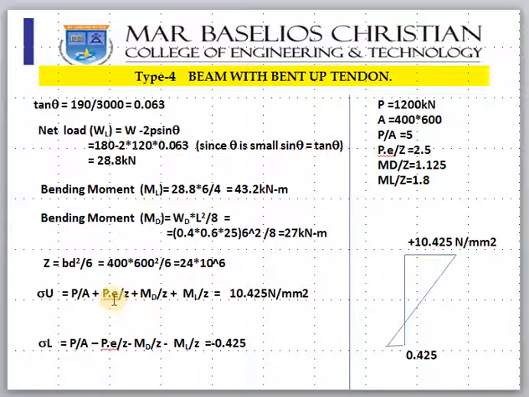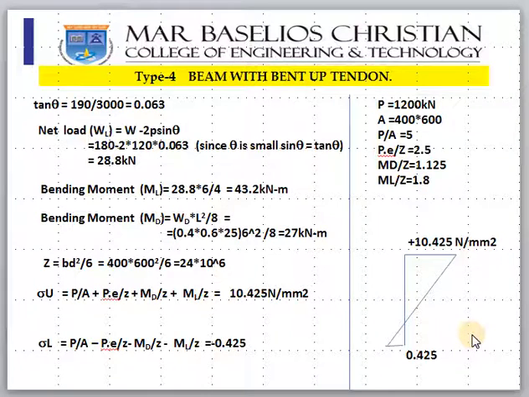So plus PE by Z plus MD by Z plus ML by Z, whereas lower fiber stress is P by A minus PE by Z minus MD by Z minus ML by Z. I have calculated all the things here. P by A is 5, PE by Z is 2.5, MD by Z is 1.125, ML by Z is 1.18. So you will get upper fiber stress as 10 and lower fiber stress as minus 0.425.